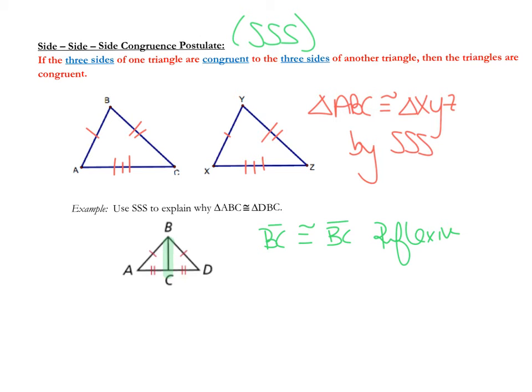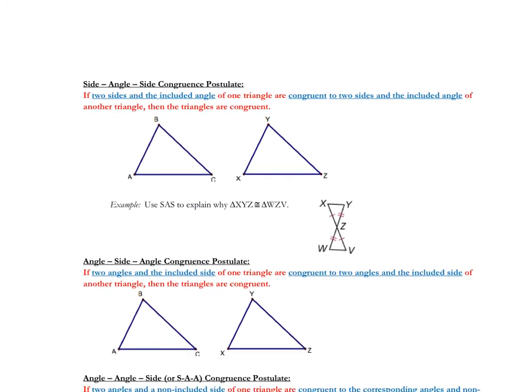So let's go ahead and mark that then. Now I have 3 congruent sides, and I can say that triangle ABC is congruent to triangle DBC by SSS. Okay. All right, let's go to the next page.